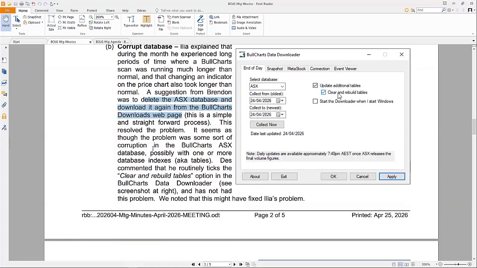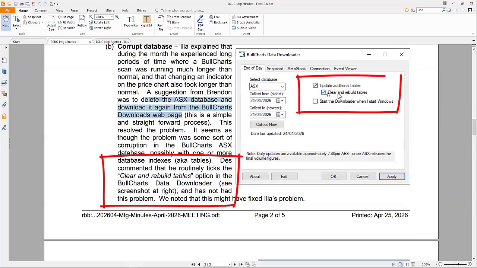Our conclusion was that Ilya must have had some sort of corrupt database, and someone in the session, might have been Kevin or Des, suggested that he has found, with the BullCharts data download running and this extra tick box ticked, clear and rebuild tables, he has never had that sort of problem.